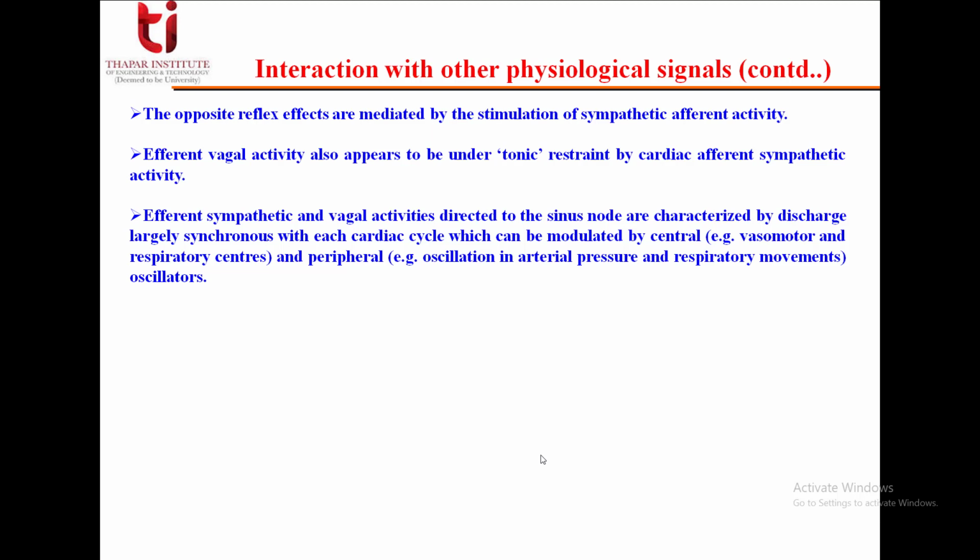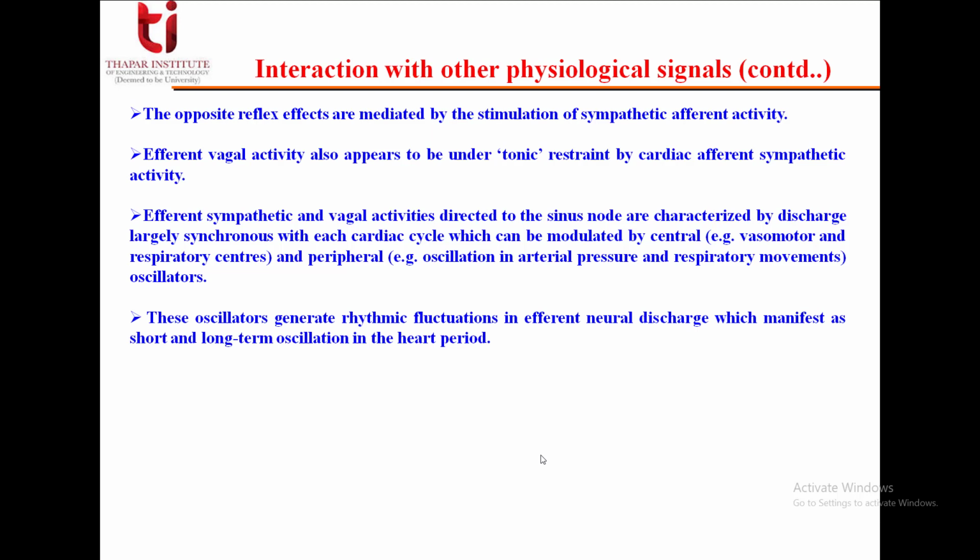which can be modulated by central, for example, vasomotor and respiratory centers, and peripheral, for example, oscillation in arterial pressure and respiratory movements, oscillators. These oscillators generate rhythmic fluctuations in efferent neural discharge, which manifest as short and long-term oscillation in the heart period.